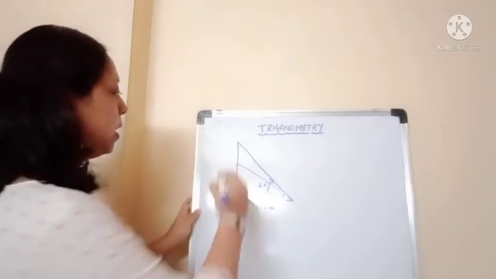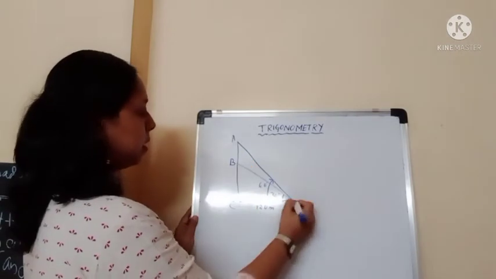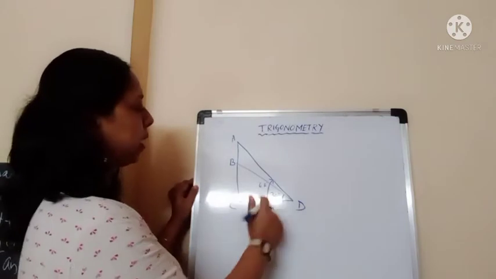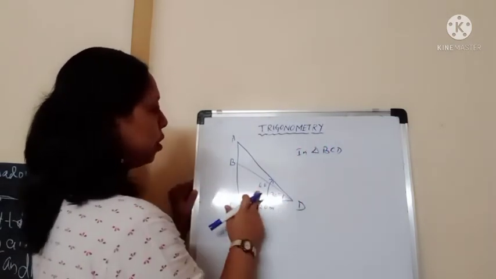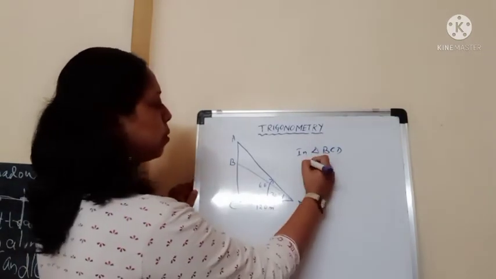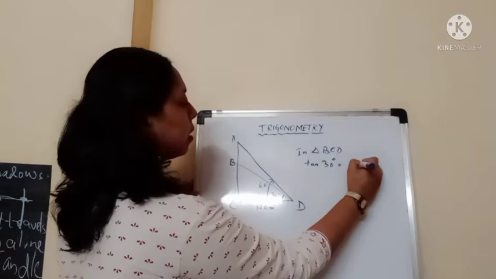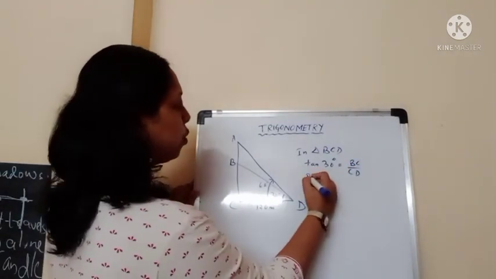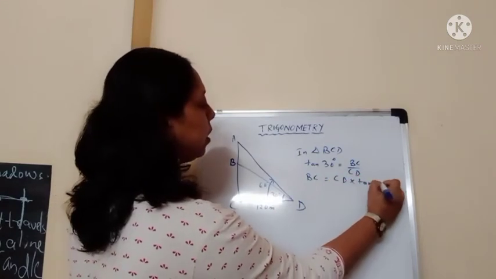So let's name them. From triangle BCD, tan 30 degree is BC upon CD, and you know the value of CD, so BC will be equal to CD into tan 30 degree.